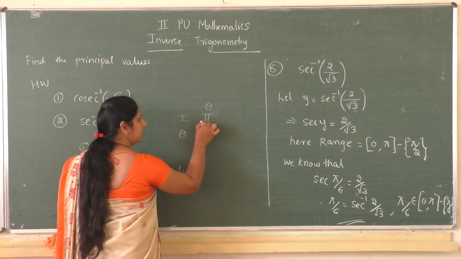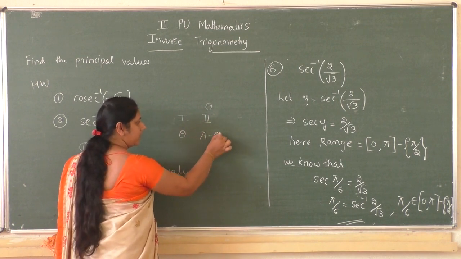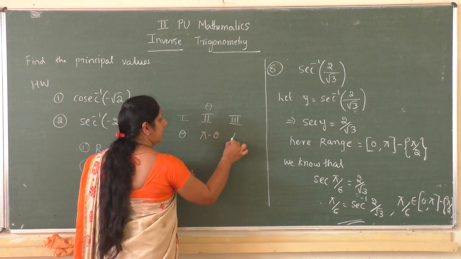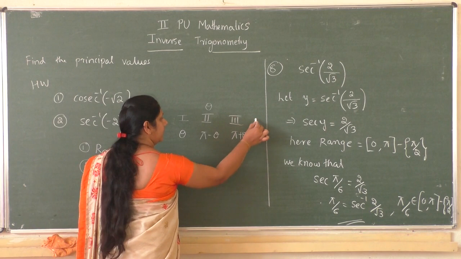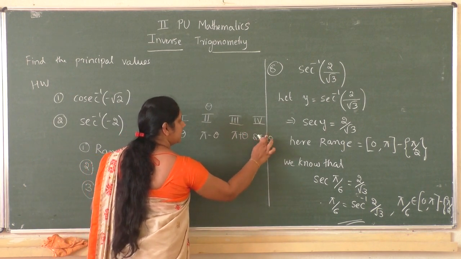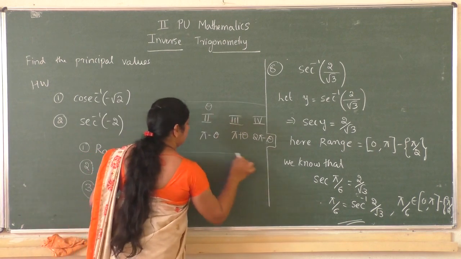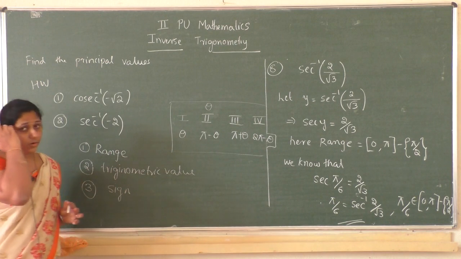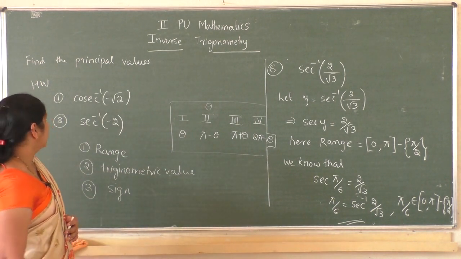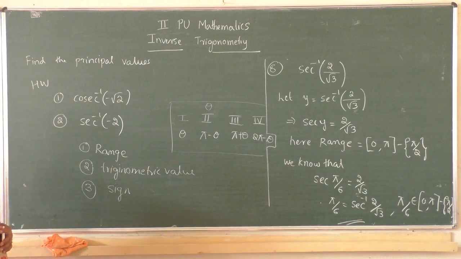If we have to take theta in second quadrant, then you have to take it as pi minus theta. If it is in third, the angle will be pi plus theta, or in fourth 2 pi minus theta. So just remember this. This we have studied already in the first year. Just recall that. So this is regarding principal values of the following.